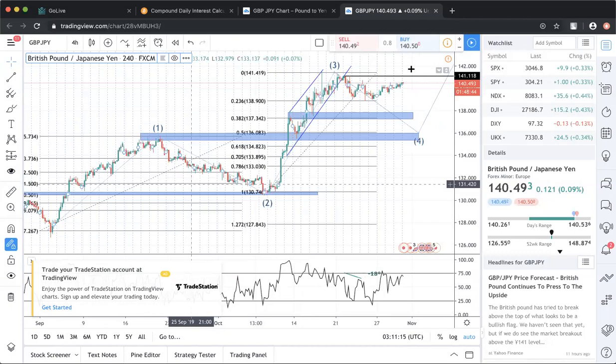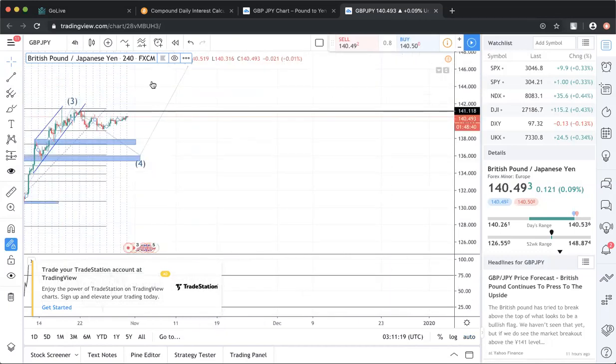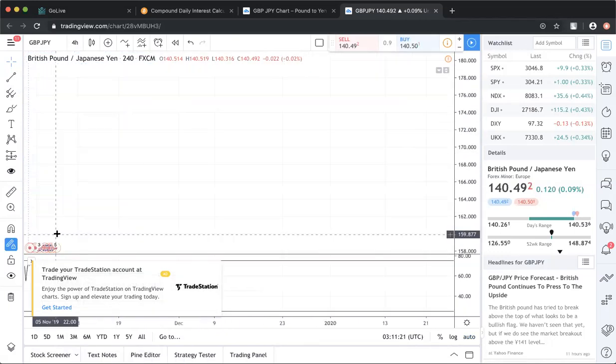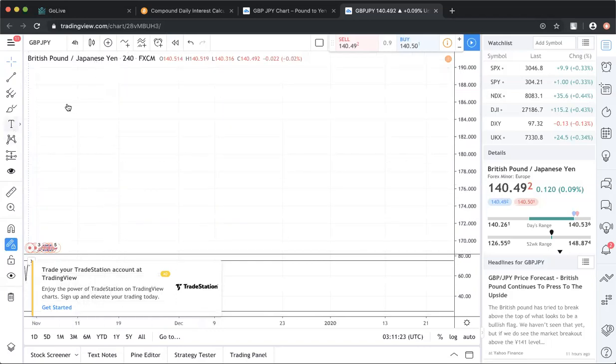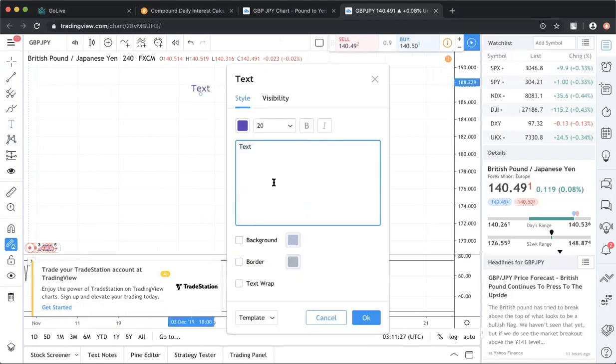When it comes to calculating pips when you're looking at price, it's a little different. For example, let's say somebody says to get into a trade. And this is not a trade signal, because I didn't do any analysis.